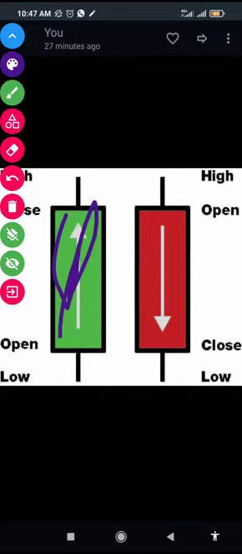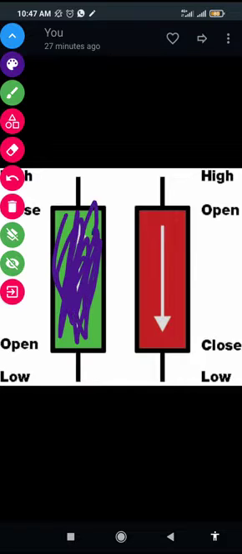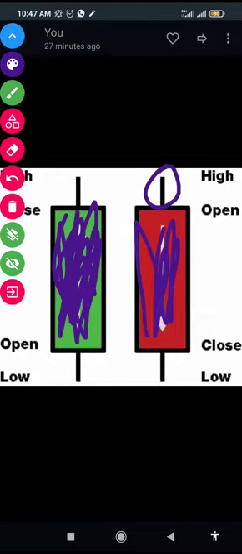This is the body for buyers, because green represents buyers, red represents sellers. This is the body of this candlestick, and this is the wick, or shadow, of this candlestick.